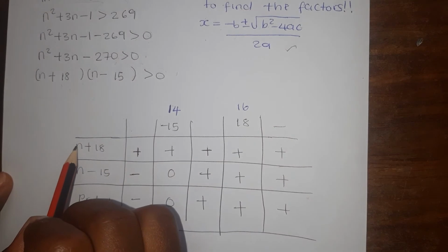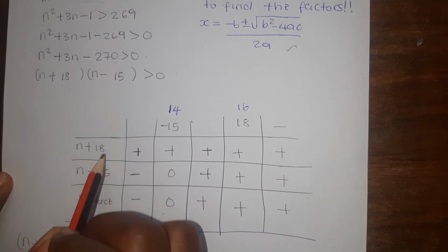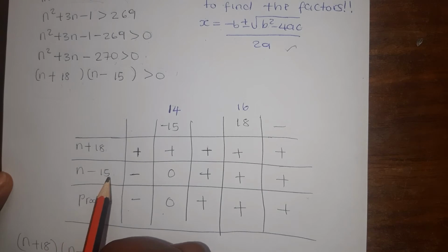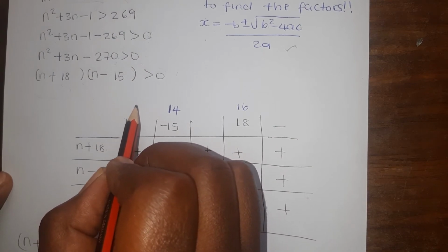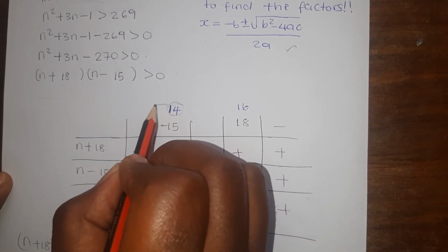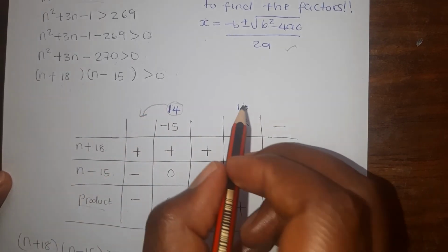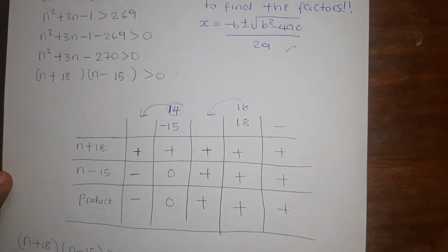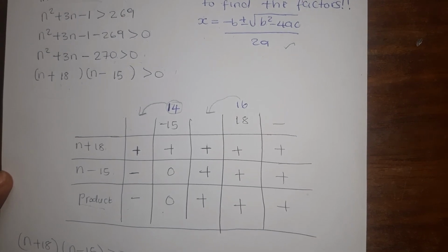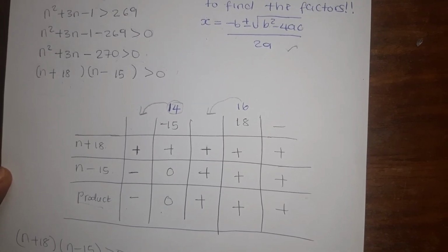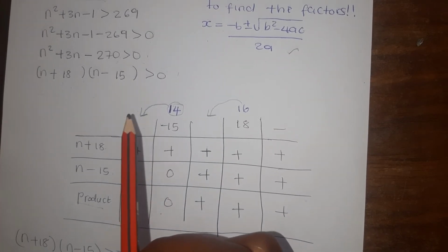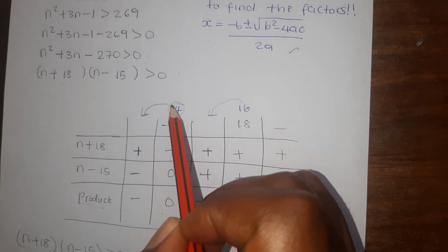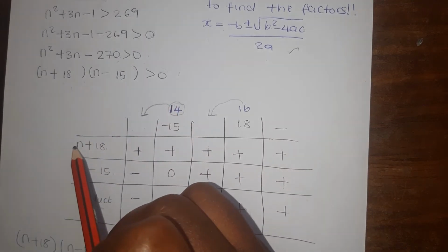So in this block, we'll write n plus 18, n minus 15, and then here we'll write product. Here in this block, we are going to take the number that is less than 15, which is 14, and then we are going to replace it here.